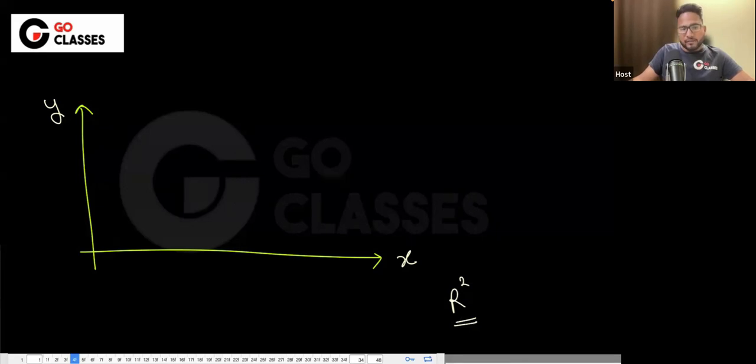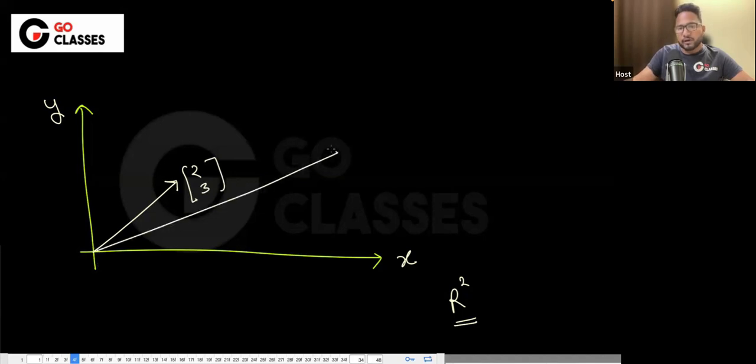Now just imagine some vector in R2. For example, let's suppose this is some vector in R2, which is 2 comma 3. And let's suppose there is some other vector in R2, which is 4 comma 2.